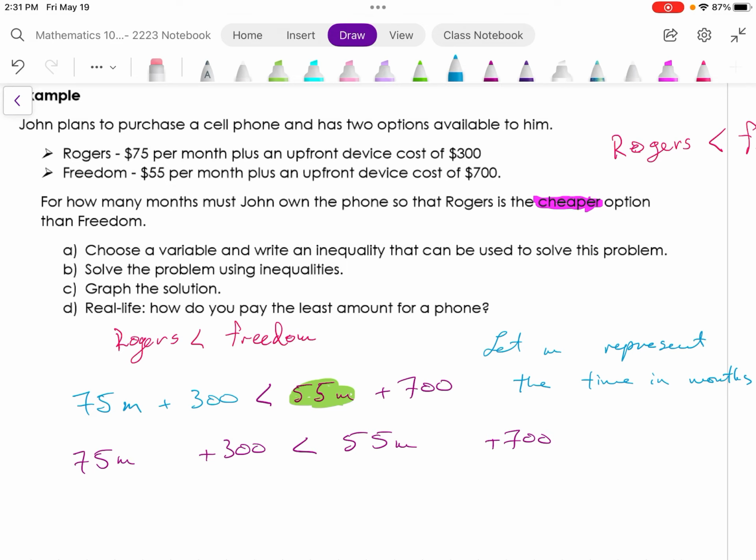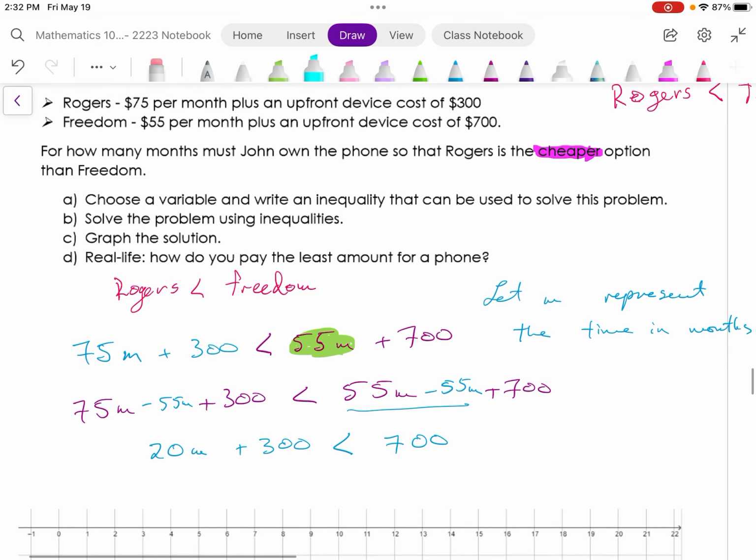So how do I get rid of 55m on the right hand side? Well, I have to subtract 55m from both sides. What is left on the left hand side is 20m. 20m plus 300 is less than, if I simplify this, $700.